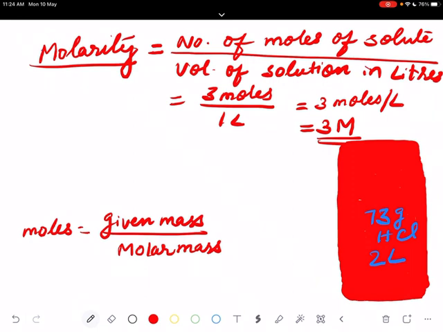Molarity is for 1 liter. I have taken a 2 liter solution.